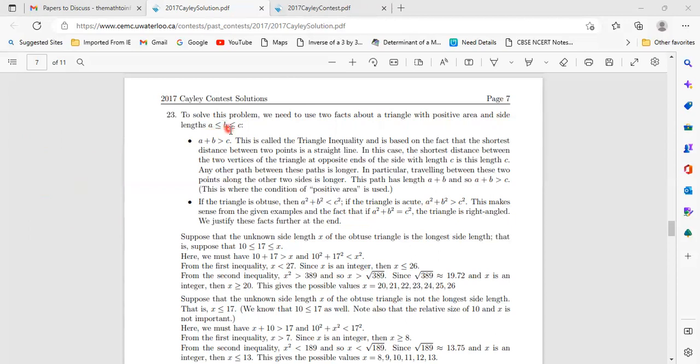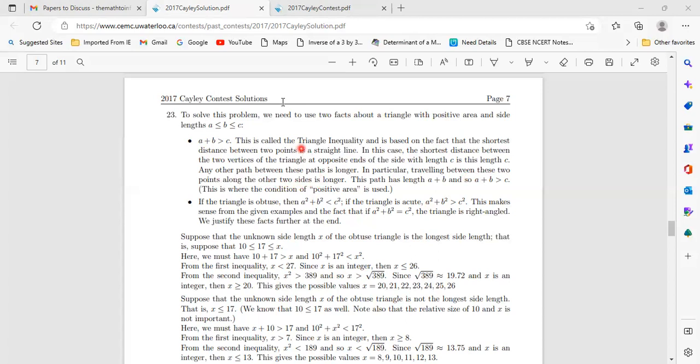A is lesser than or equal to B, B is lesser than or equal to C. We know that A plus B is greater than C, which means the sum of the lengths of any two sides of a triangle is greater than the length of the third side, which is C. Based on the fact that the shortest distance between two points is a straight line, the shortest distance between the two vertices of a triangle at opposite ends of the side with length C is the length C. Any other path between these points is longer. In particular, traveling between these two points along the two other sides is longer.